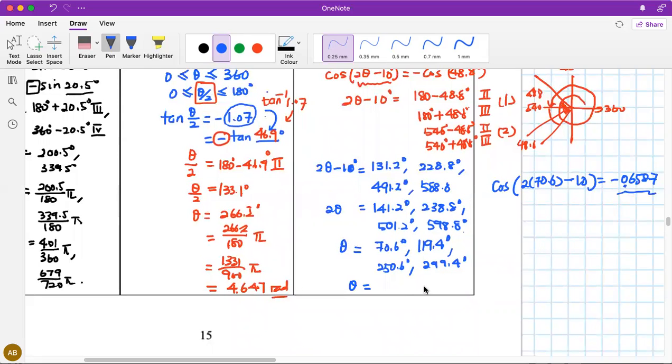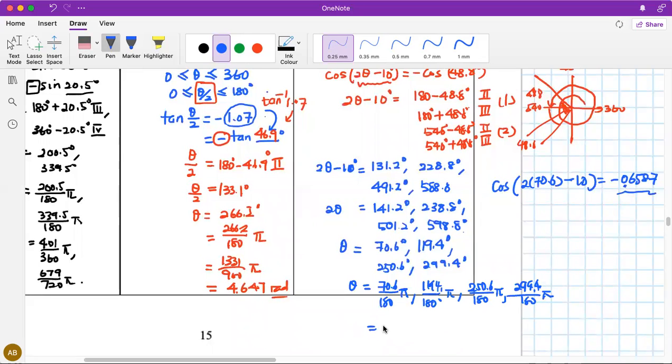Then lastly, we change into pi. So 70.6 over 180 pi, 119.4 over 180 pi, sorry, 180, not 360, and 250.6 over 180 pi, and lastly 299.4 over 180 pi.